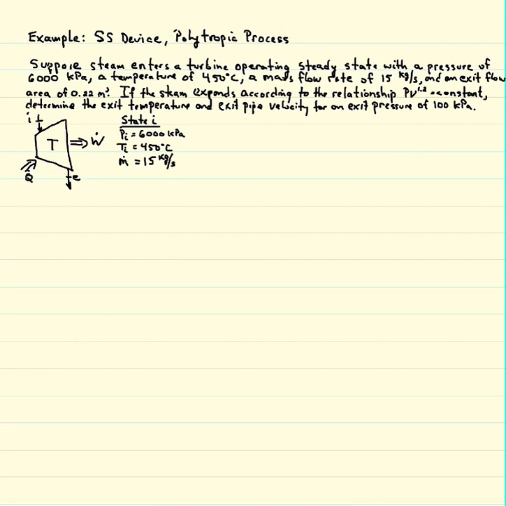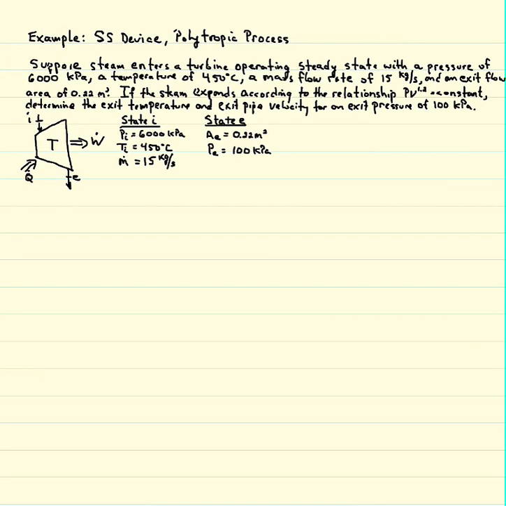We then have the information that we know at our exit state, state E. What we know at state E is the exit flow area, A sub E, and that's 0.22 square meters. And we know that the exit pressure, PE, is 100 kPa. That was also given to us in the problem statement.